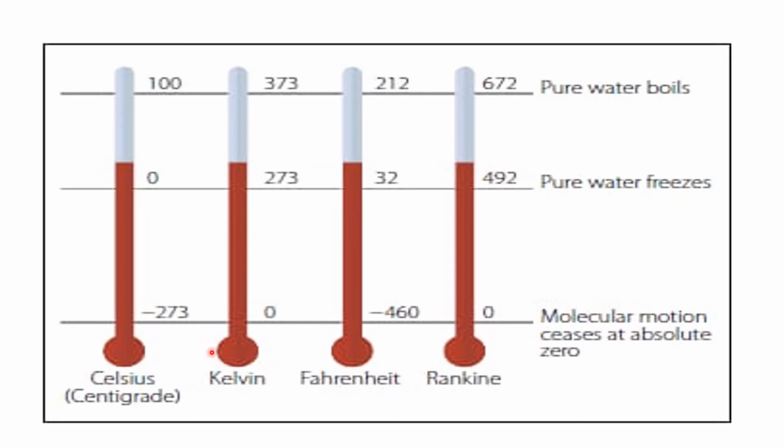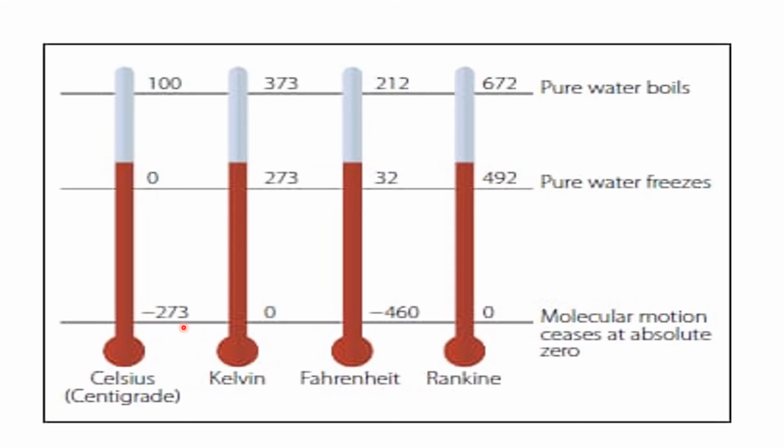If you come to the Kelvin scale, 273 Kelvin is where pure water freezes, and 373 Kelvin is where pure water starts to boil. You can see another one here, minus 273 degrees centigrade, where molecular motion ceases at absolute zero temperature.